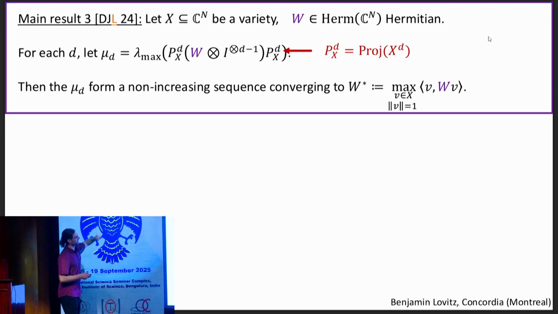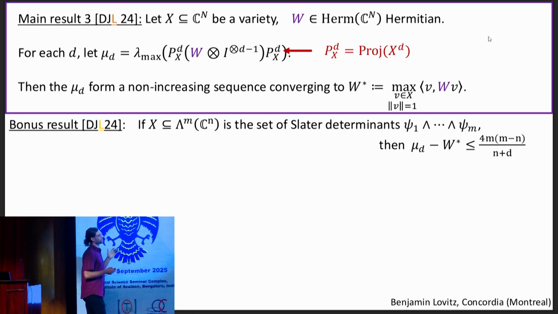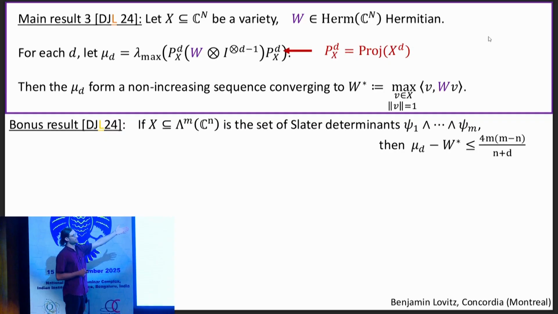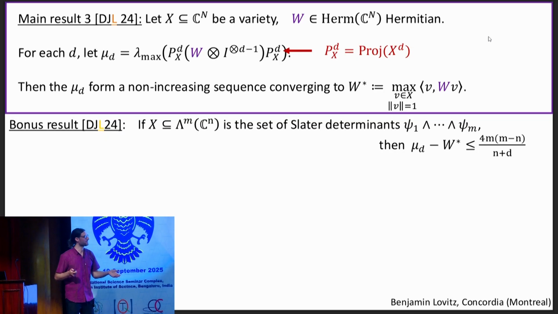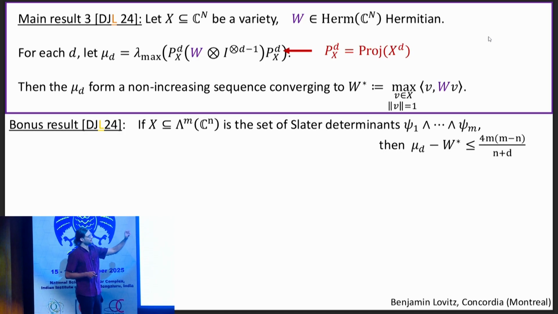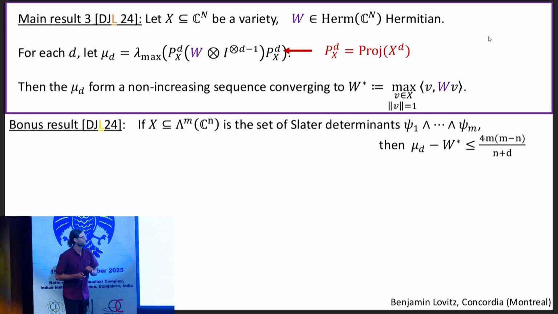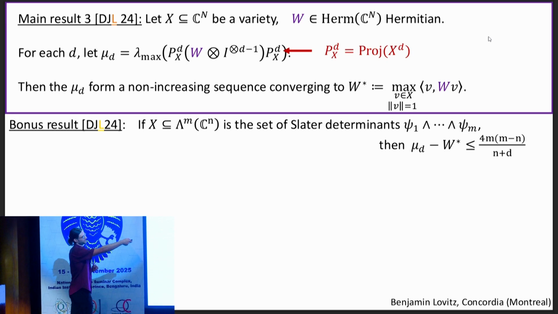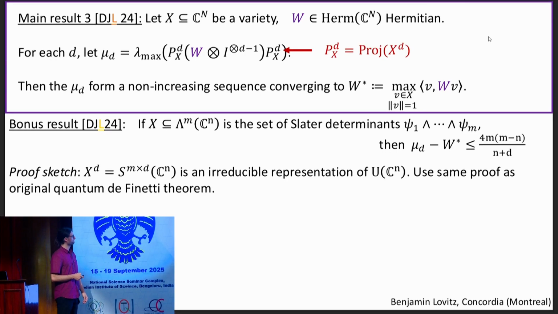So that's one result. As a bonus, we were able to prove a quantum de Finetti theorem for optimizing over Slater determinants. These Slater determinants are anti-symmetric vectors that are the wedge product of some vectors. And we prove a similar convergence for this hierarchy in that case.